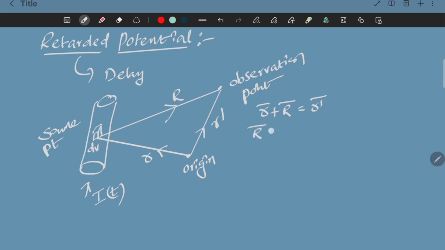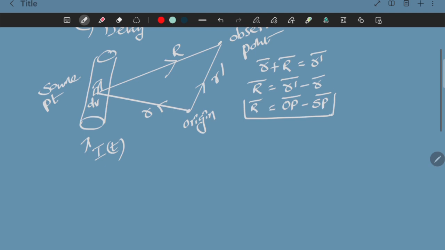So capital R bar is the distance vector between observation point and source point. That is equal to r dash bar minus r bar. That means you can remember it in this way: observation point position vector minus source point position vector.